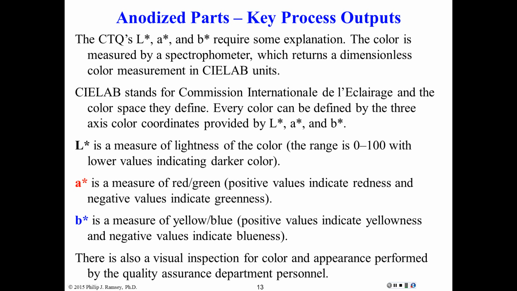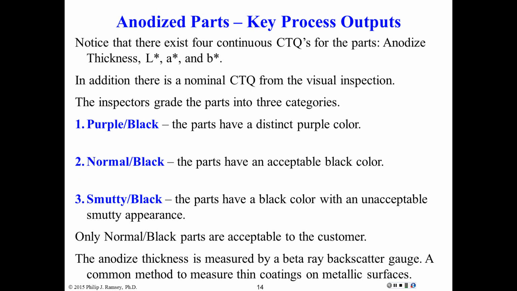So you're going to see later that these end up being critical to quality characteristics or responses that we're going to measure on the parts as they're manufactured. In fact, we'll use these as responses in a designed experiment later on in the improve phase. Okay.